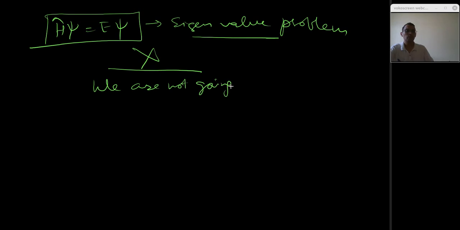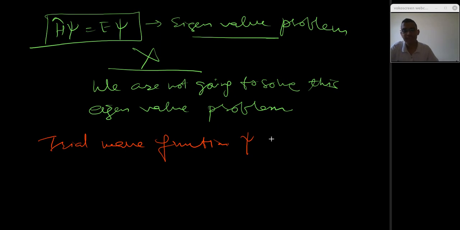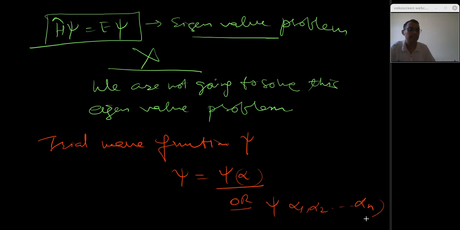Instead we will start with a trial wave function psi, which depends upon one parameter, or sometimes more than one parameter. That is what we will choose.